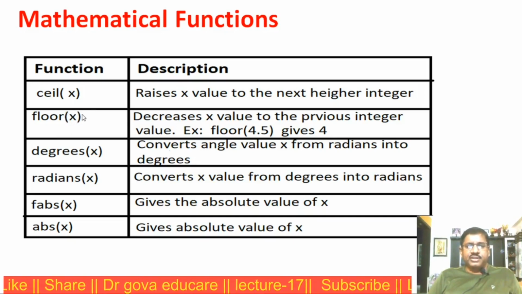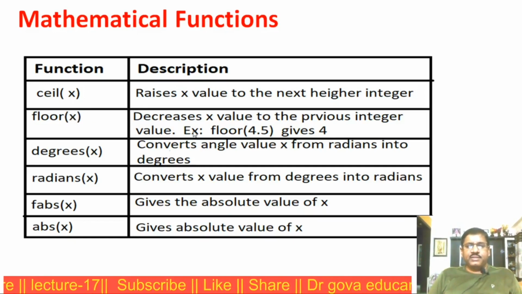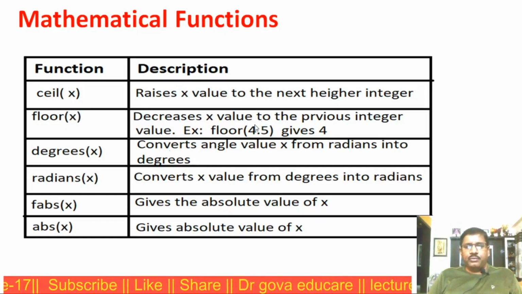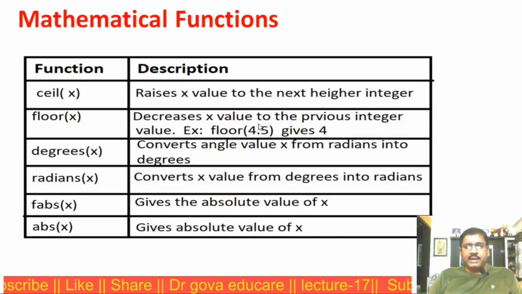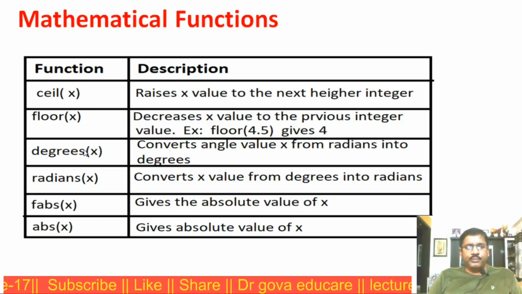This function decreases x value to the previous integer value. Say for example, floor of 4.5 returns 4. Similarly, ceil of 4.5 returns the next higher integer, that is 5.